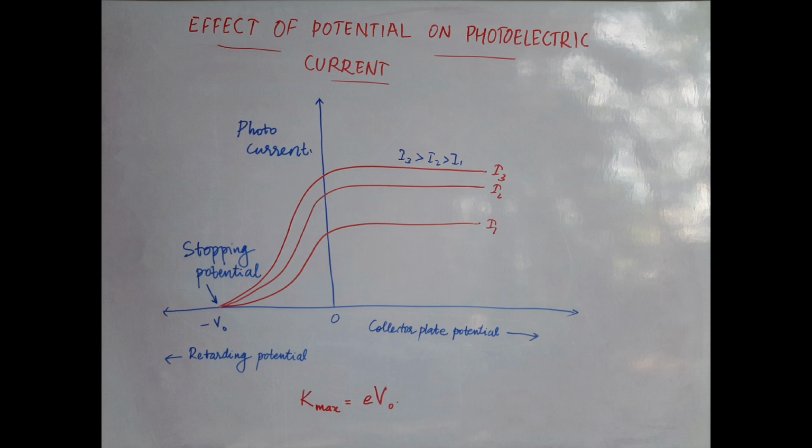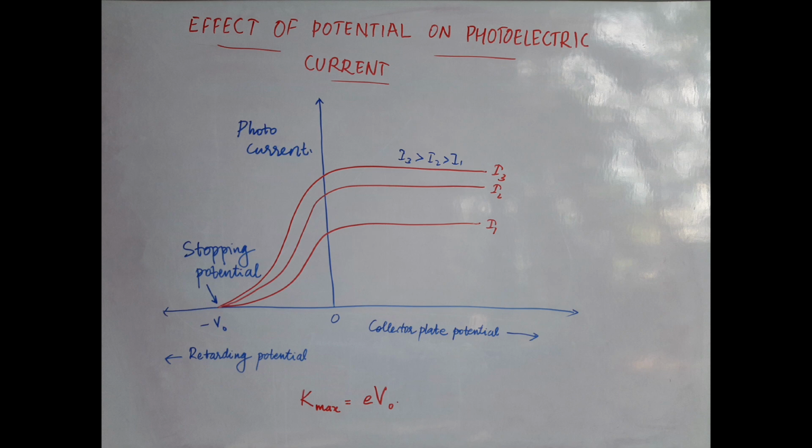It is found that the photoelectric current increases with an increase in accelerating positive potential. At some stage, for a certain value of potential, you can see that there is no further increase in the value of photocurrent, so we can say that the photocurrent has reached a maximum.